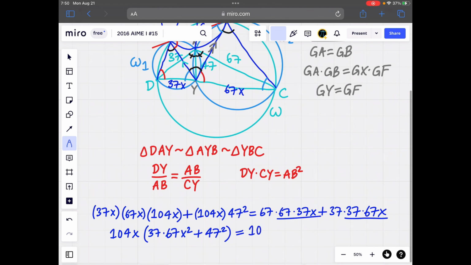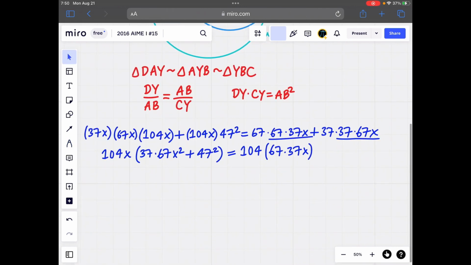We have that this is equal to 104 times 67 times 37x. And so by canceling out 104x from both sides, we have that 37 times 67x squared plus 47 squared equals 37 times 67.